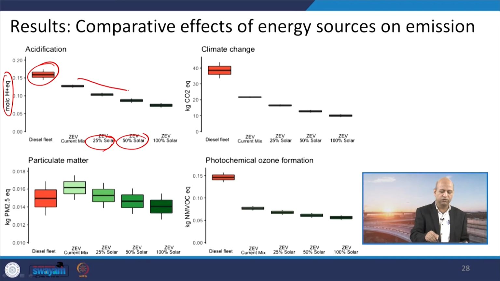So, as the electricity comes from more renewable sources, the impact becomes less and less. But here, very interesting, you can see particulate matter PM 2.5.